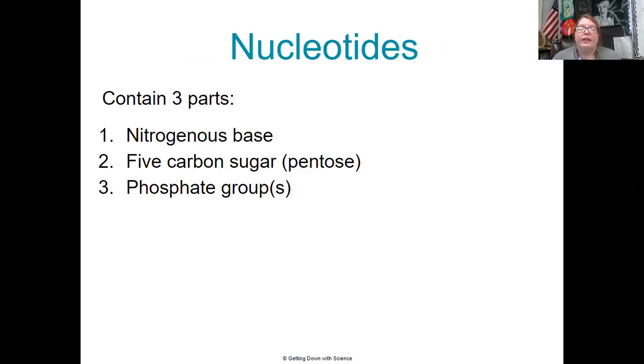A nitrogenous base, or it has nitrogen, okay, a 5-carbon sugar, and we can name that a pentose because like a pentagon has 5 sides. So pentose is a 5-carbon sugar, which can be either, as we said, deoxyribose or ribose, and then one or more phosphate groups.